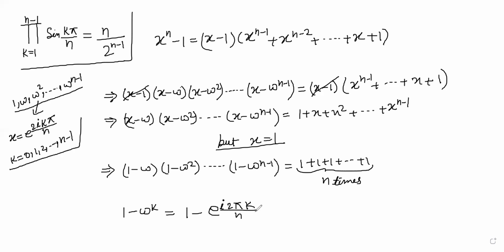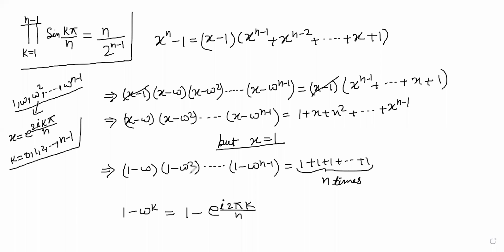But we have already cancelled out x minus 1 from both sides. So you should notice that the k equals 0 condition is already done. We are already done with that, so we will ignore it.